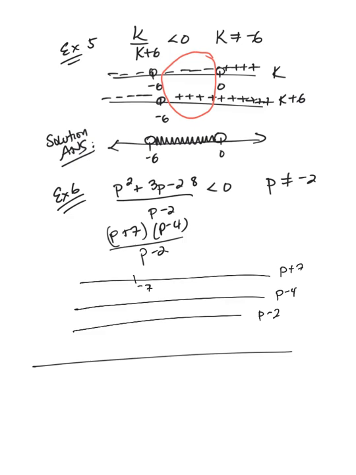In the second one, 4 is the point of interest. In the third one, 2 is the point of interest. And on all of these, we know that p cannot be 2. Just keep that in mind.